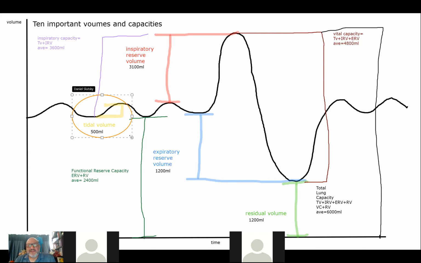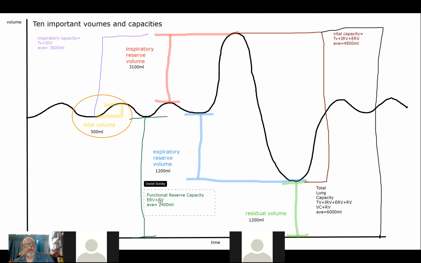Tidal volume. What is the tidal volume again? Someone define tidal volume for me. Excellent. It's the amount of air you move into and out of your lungs with a normal resting breath.